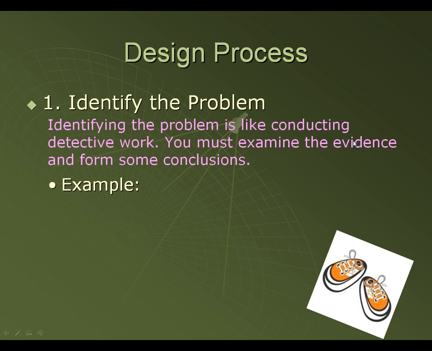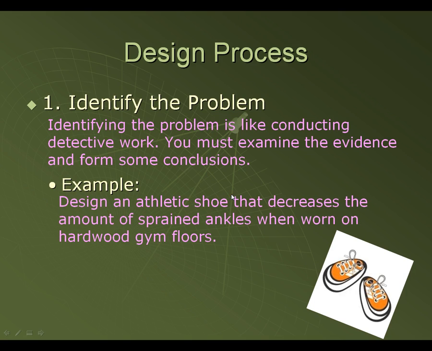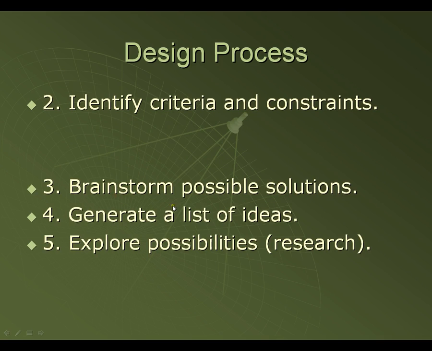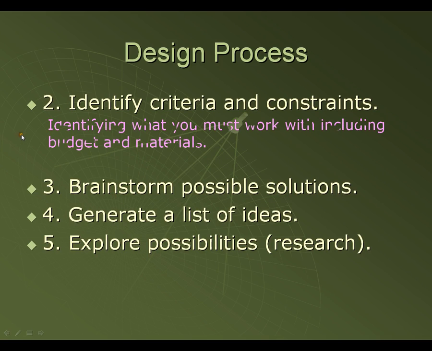So identifying the problem is like conducting detective work. Examine the evidence and form some conclusions. An example: design an athletic shoe that decreases the amount of sprained ankles when worn on hardwood gym floors. That would be your problem. Number 2 is identify criteria and constraints.